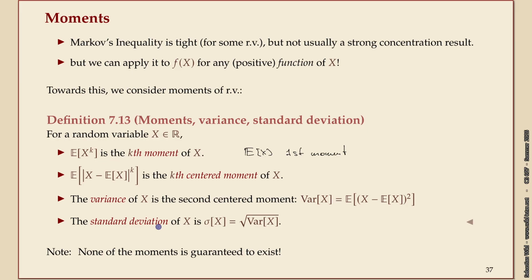And sometimes people use standard deviation because it's a bit more intuitive. That's just the square root of the variance. And of course, you can do similar things with the higher moments if you want. Now, one thing to take care of is that these are expected values of some random variables. We may not have convergence. In general, these are infinite sums or integrals, and they may not exist. So you shouldn't assume that, but oftentimes you can just calculate them and then you know.